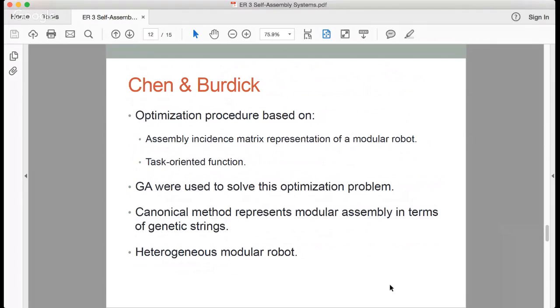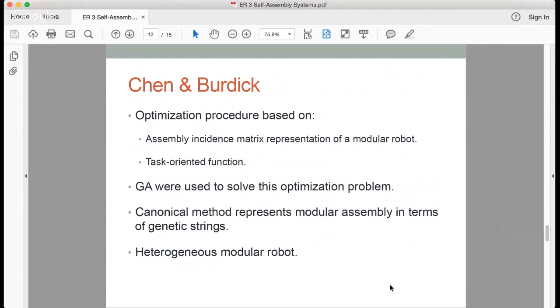They formulated the solution as a discrete optimization procedure based on assembly incidence matrix representation of a modular robot and a general task-oriented objective function that can incorporate many realistic task criteria. Genetic algorithms were employed to solve this optimization problem, and the canonical method to represent a modular assembly in terms of genetic strings was introduced.